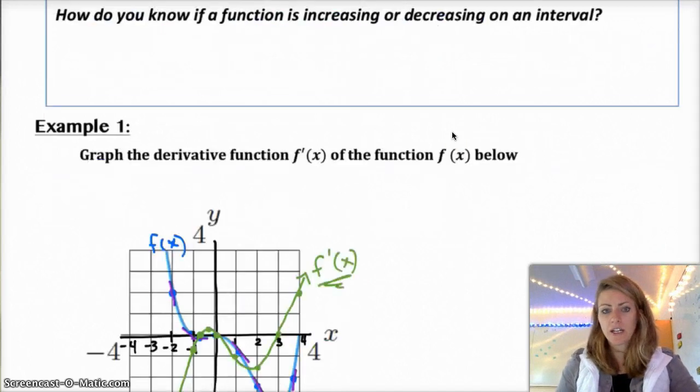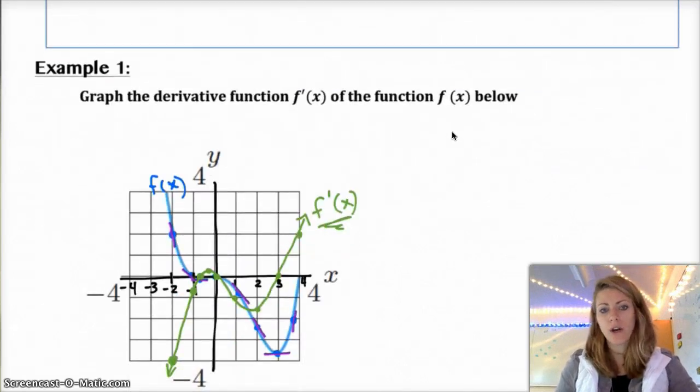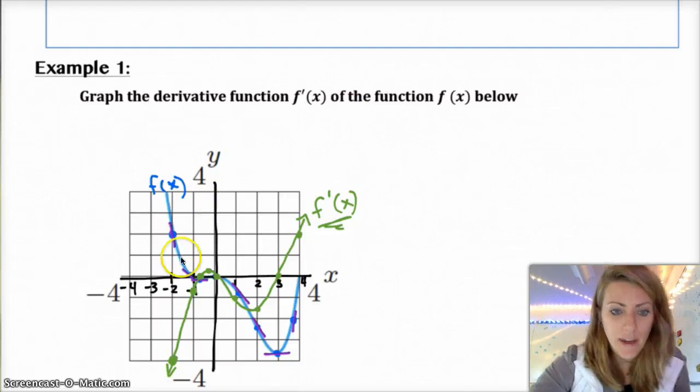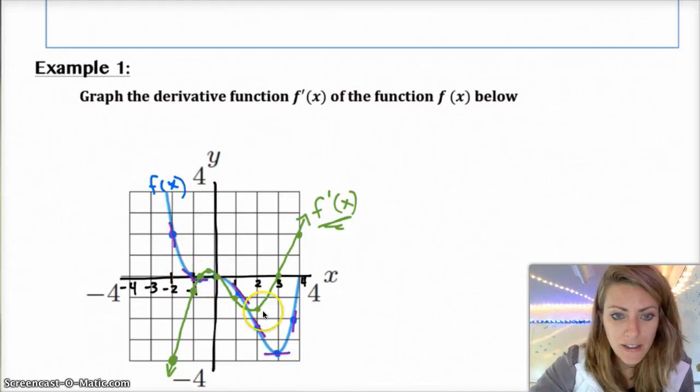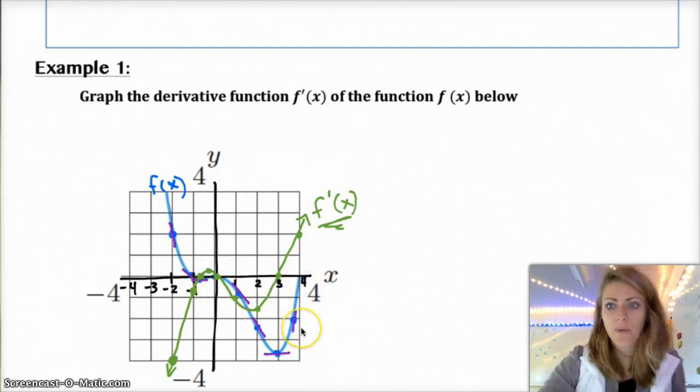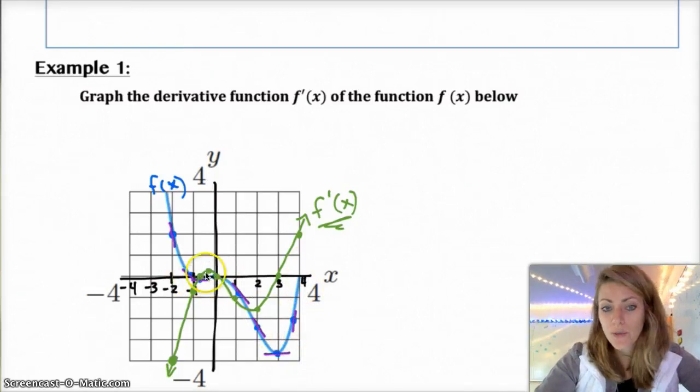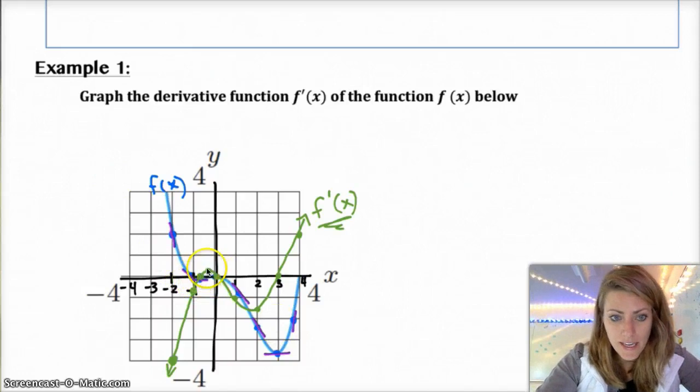And we already kind of talked about this. So if you have an increasing function, that would be this spot here and this spot here, where it's going up. That is when the derivative is positive. In this case, I know that the derivative is positive here because it's above the x-axis, and I also know that it's increasing here.